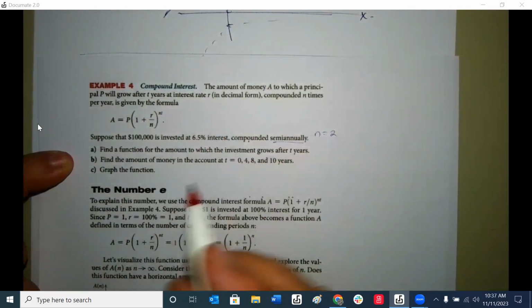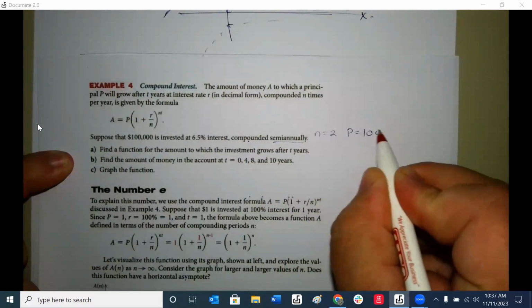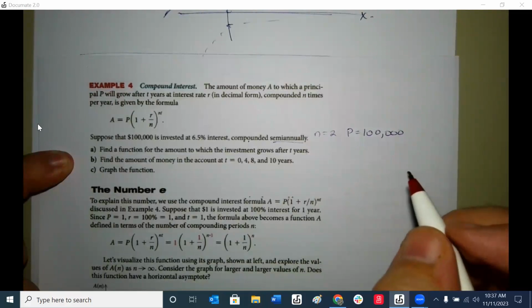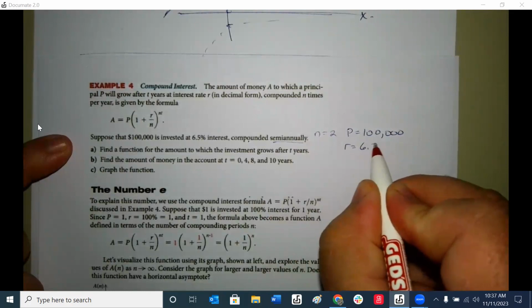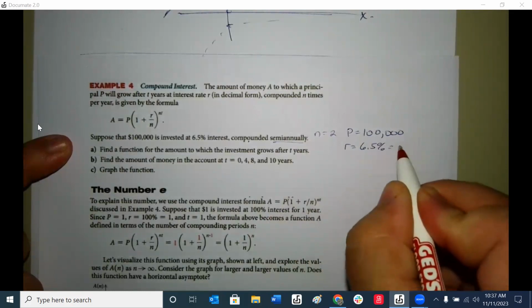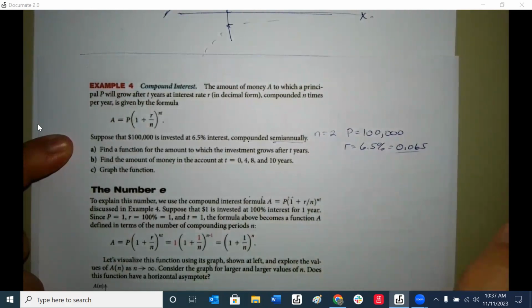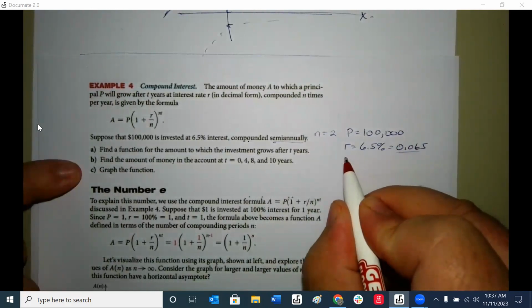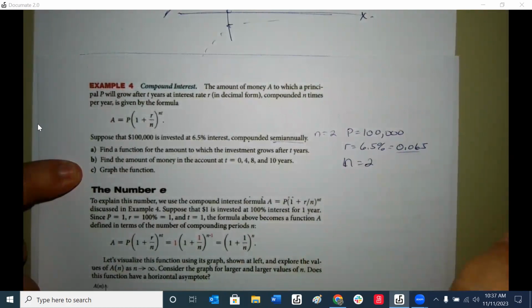So leave t alone. So we have here, our P is $100,000. Our rate is 6.5%, which makes it 0.065. It has to be in decimals. And n is 2 since it's semi-annually.